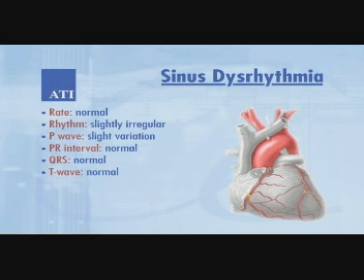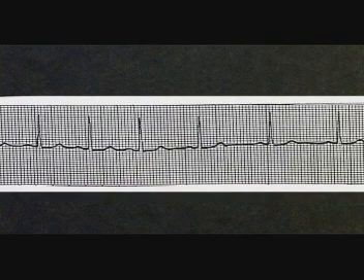P wave, slight variation. PR interval, normal. QRS, normal. T wave, normal. You can see that the only abnormality in this strip is a slight change in the rhythm. The significance? Typically, the changes coincide with respirations. This rhythm is clinically insignificant and no intervention is needed.